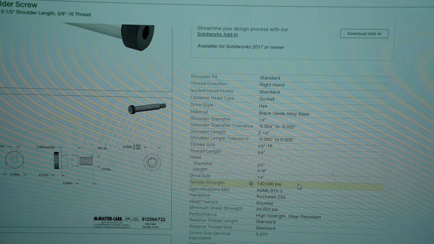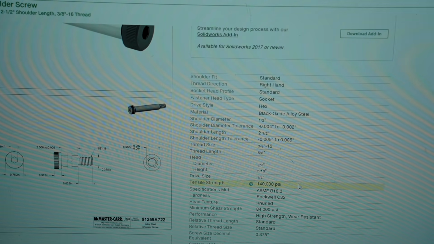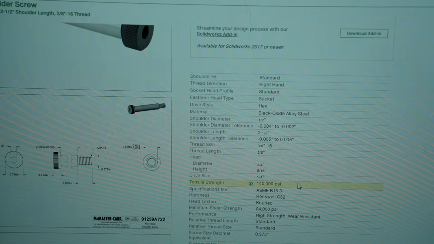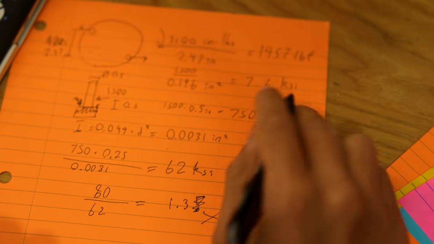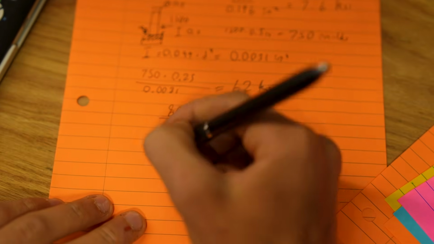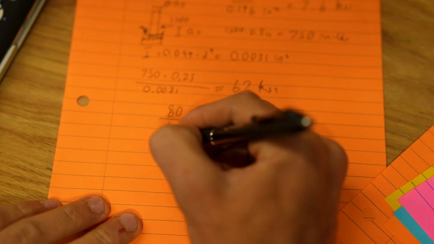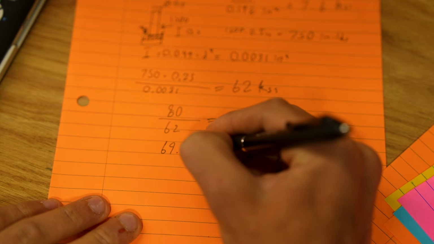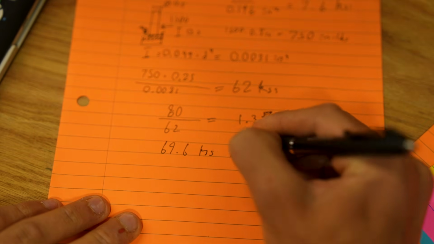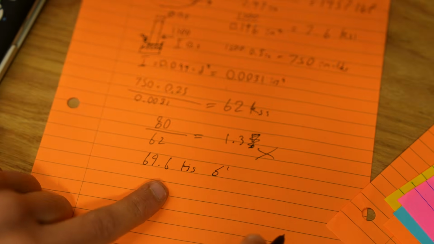They give a hardness. So if we really wanted to investigate the properties, we could figure that out. Okay. Back to the math. So we're going to take our 7.6 KSI in shear and 62 here and add those together, and we're going to get 69.6 KSI as our equivalent shear state, right?